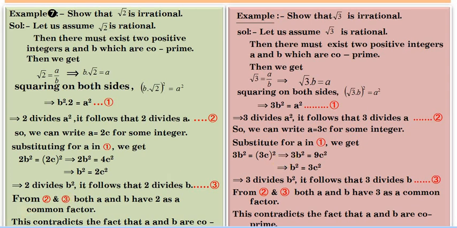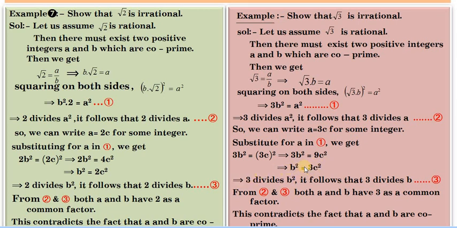This implies 3 into b square is equal to, now 3 square means 9, c square. Now 3 divides 9 three times. So this implies b square is equal to 3c square.